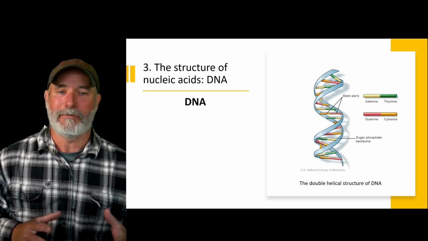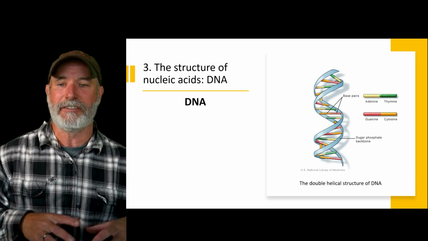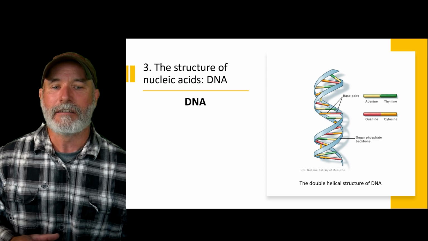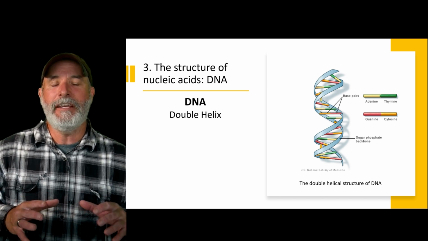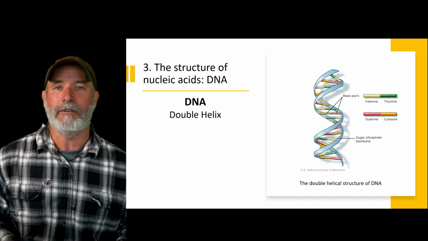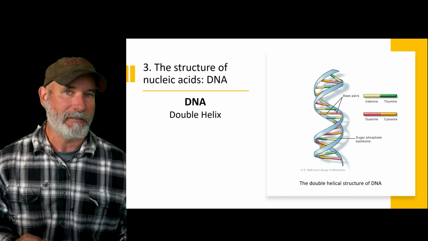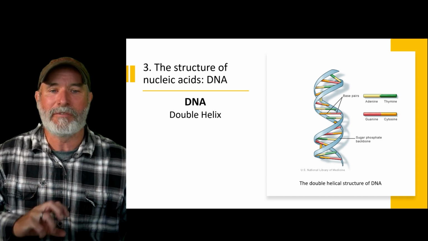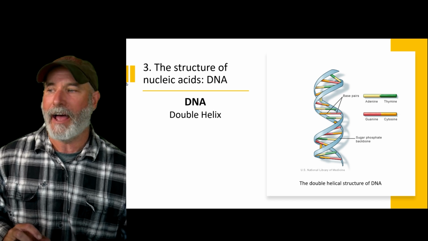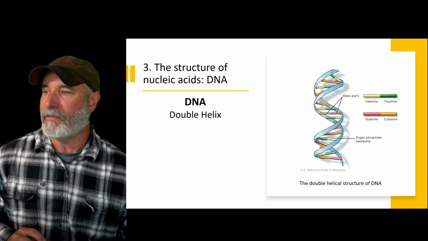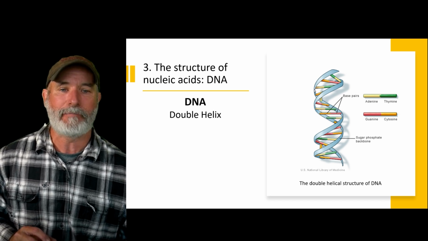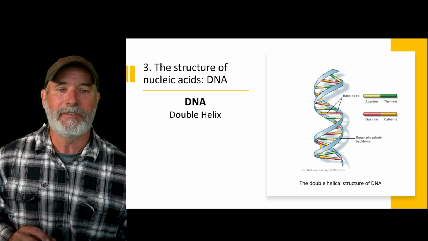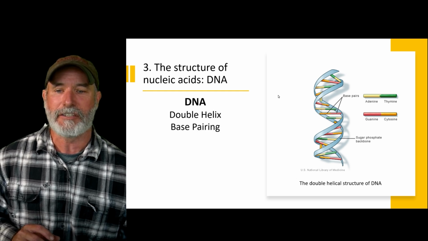Okay, now let's take a closer look. That's the general form of a nucleic acid. Let's look at DNA. DNA is well known for having a double helix. Imagine taking a ladder and twisting it, and that forms a double helix where we've got the sugar phosphate backbone right there, and then inside of that are the nitrogenous bases.